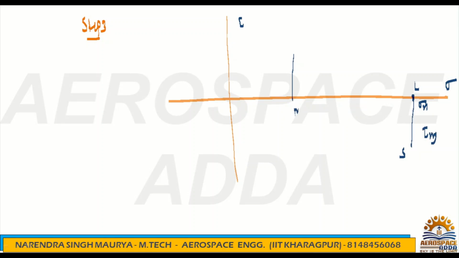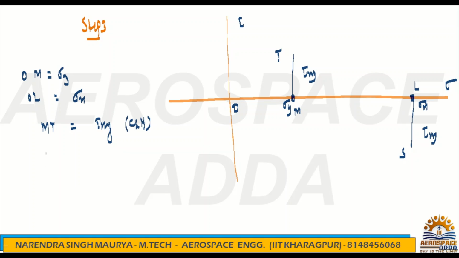Similarly, this is M, this is tau xy, and obviously here is sigma y. So automatically you got here the point O. So OM is sigma y, OL is sigma x, MT is tau xy clockwise, and LS is tau xy anti-clockwise. That's the meaning of it, right?